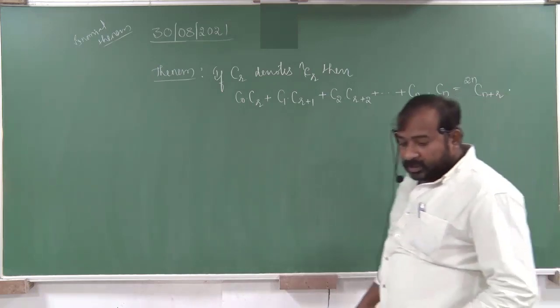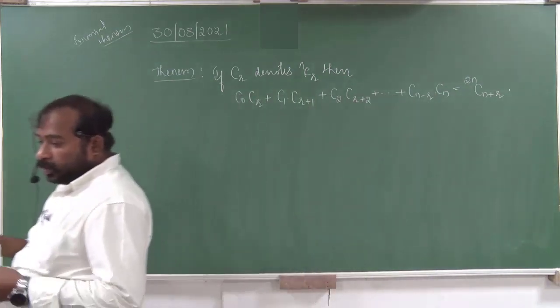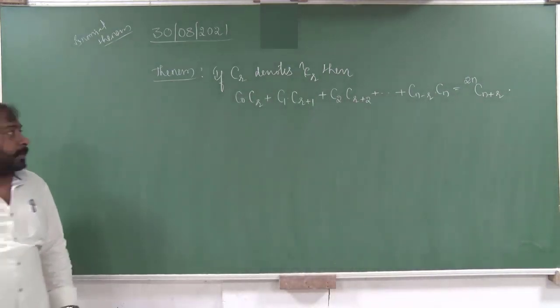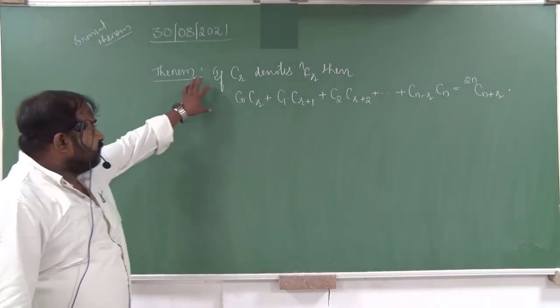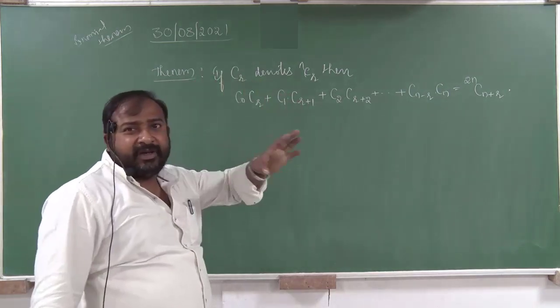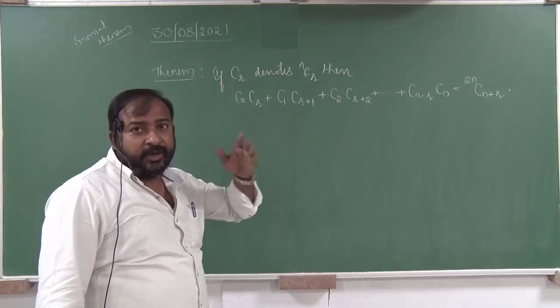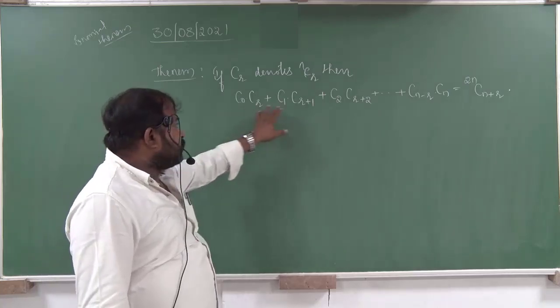Okay. This is one more example. If Cr denotes nCr, everywhere they are giving Cr denotes nCr. That is okay. Our aim is to find this value.